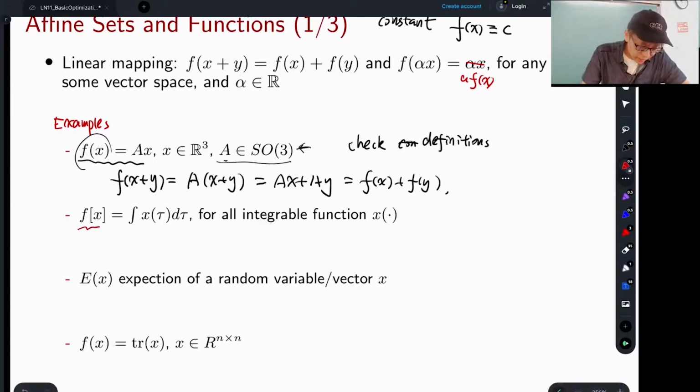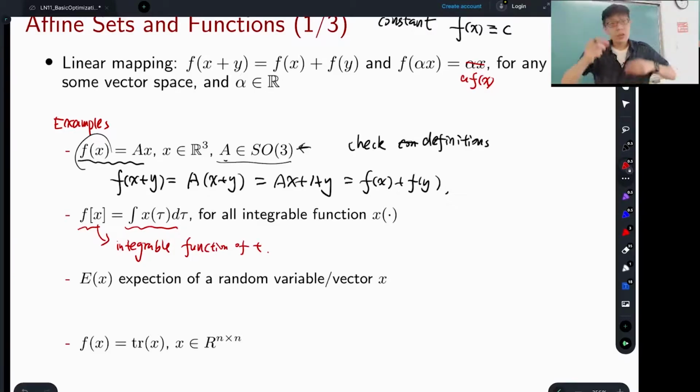I have x here. Okay, this is a little bit more abstract. So this x is an integrable function of time. It's a function. It's like an infinite-dimensional vector. It's not like R^n or R^3 or R^2. It's just a function. How do I define the mapping?